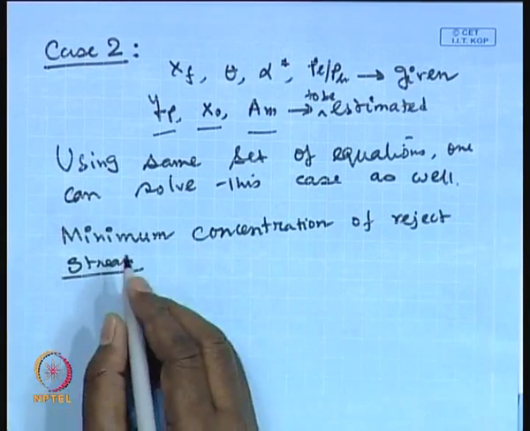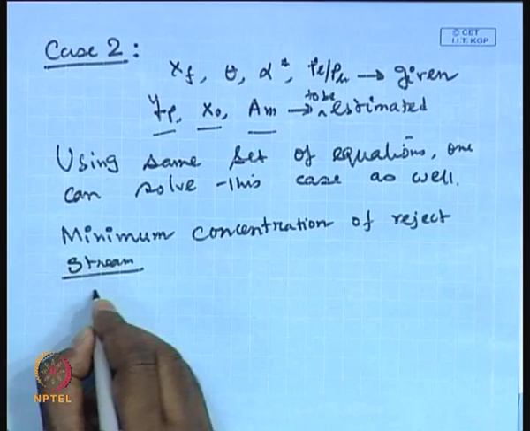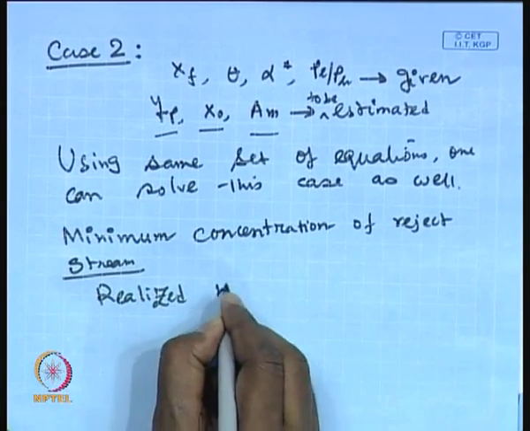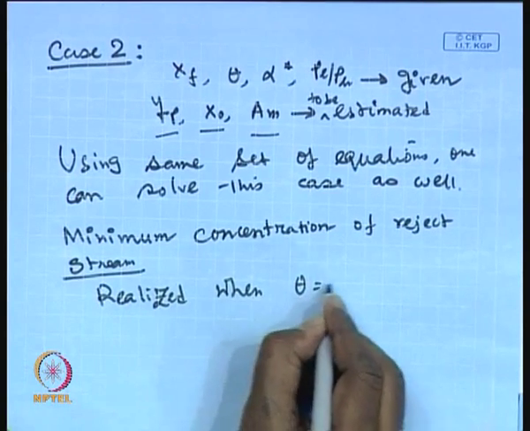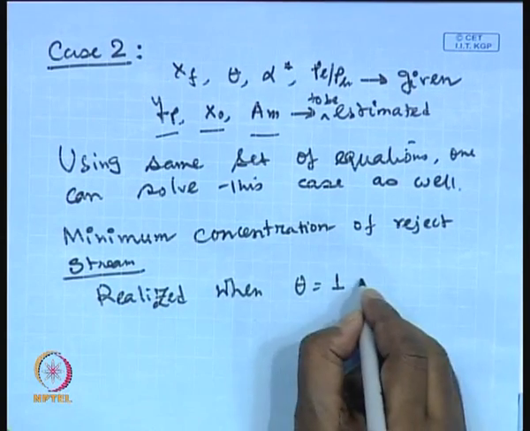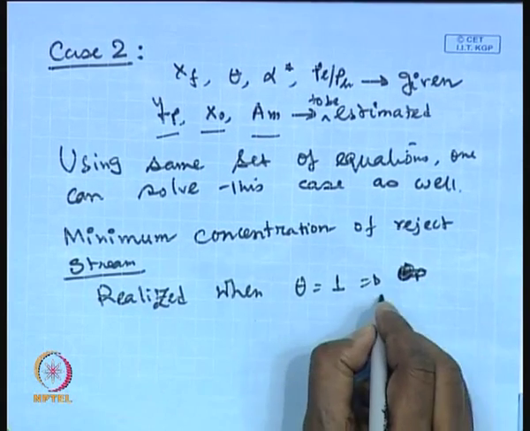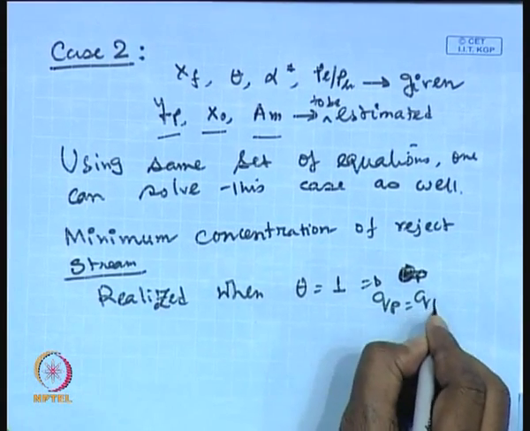In that case theta will be equal to 1, and QP is equal to QF. This case will be realized when theta is equal to 1, that is, QP is equal to QF.